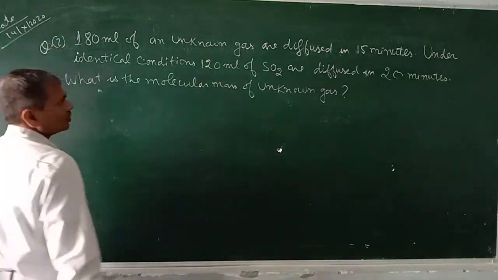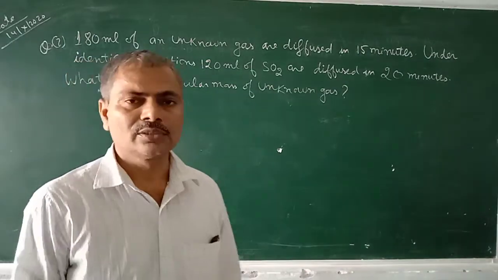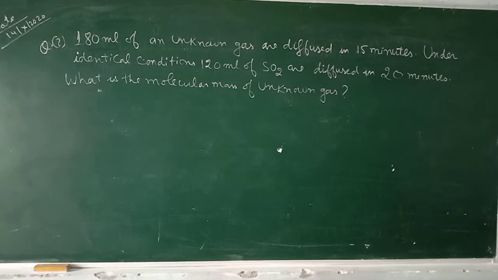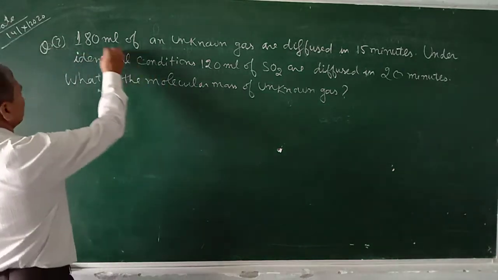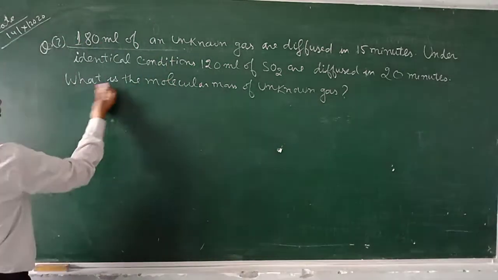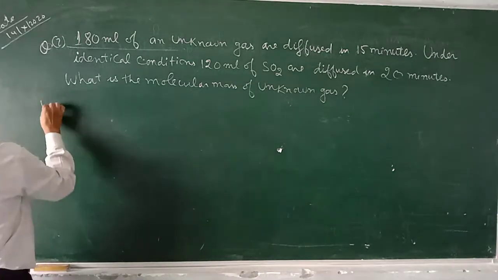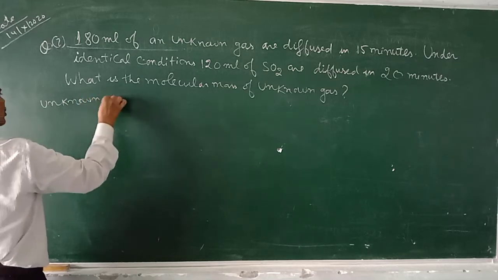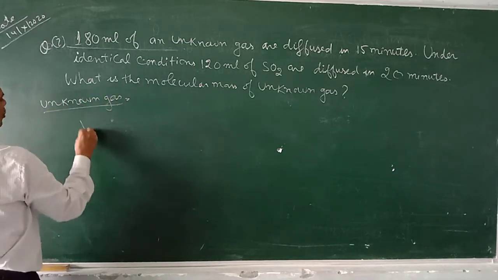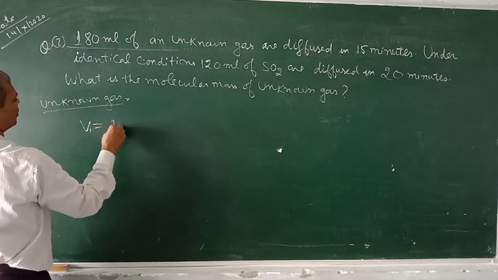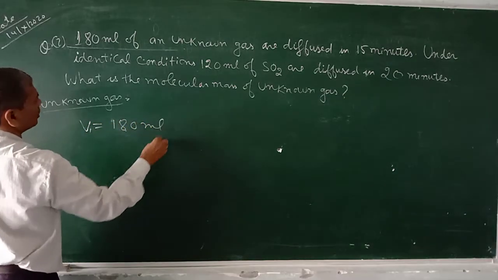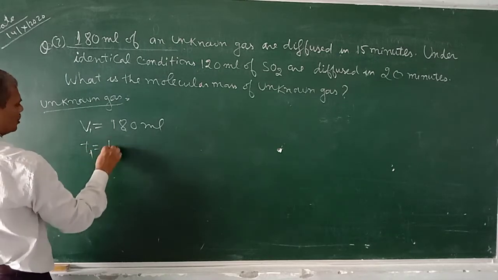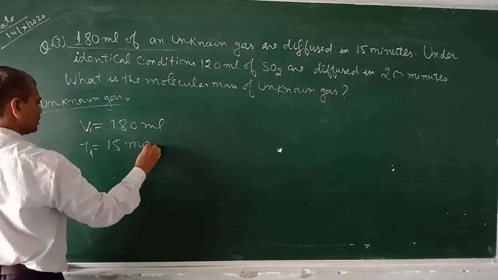First of all, you have to identify the data given in the question. That is, for the unknown gas, volume is 180 ml and timing of diffusion is 15 minutes.